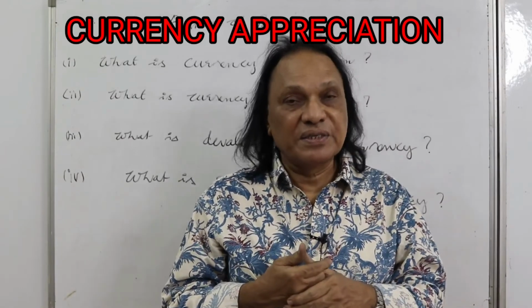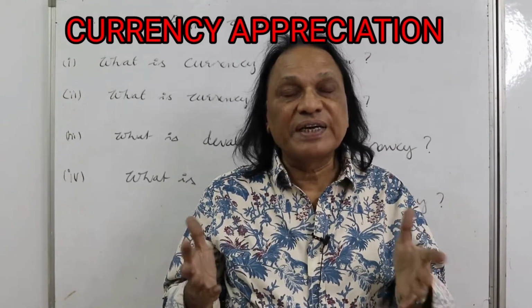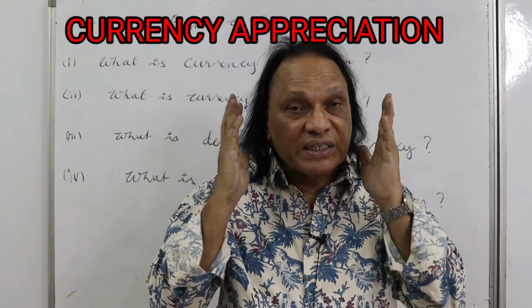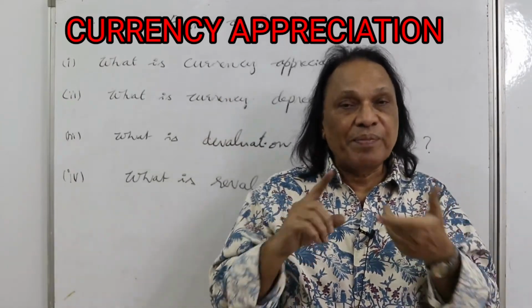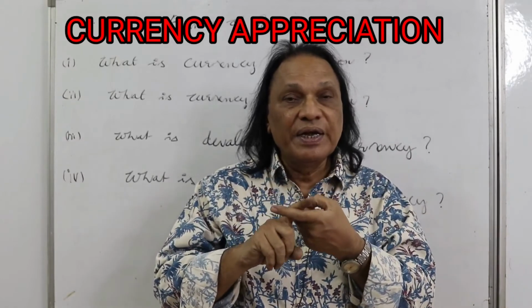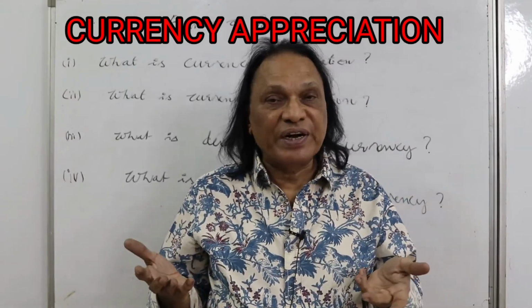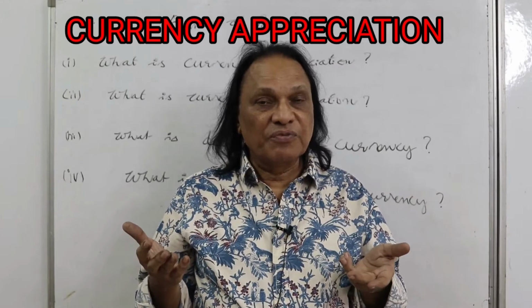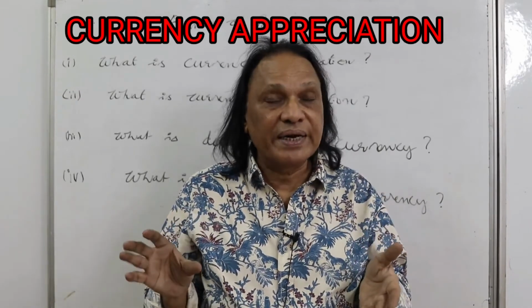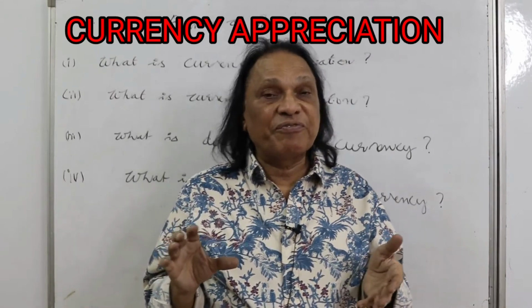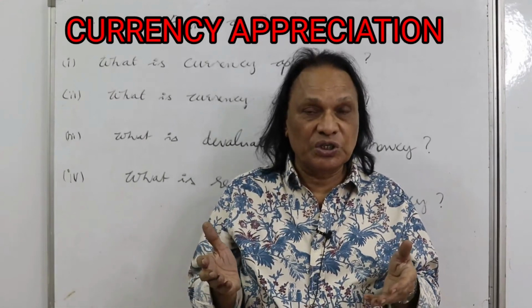We have already discussed how the foreign exchange rate is determined. The foreign exchange rate is automatically determined in the market by the forces of demand for foreign exchange and supply of foreign exchange.